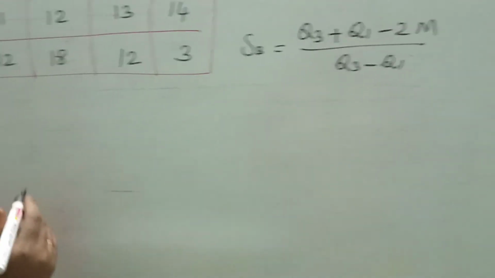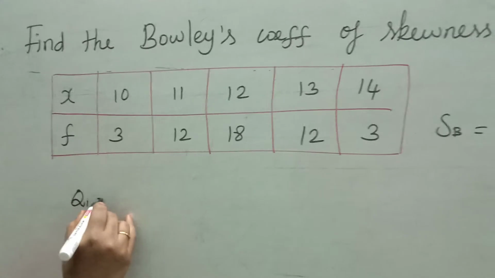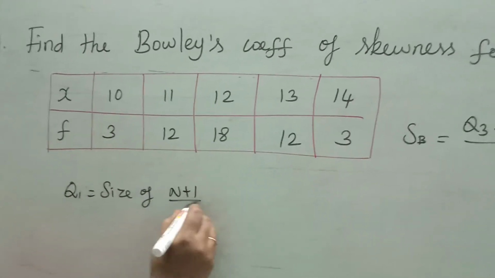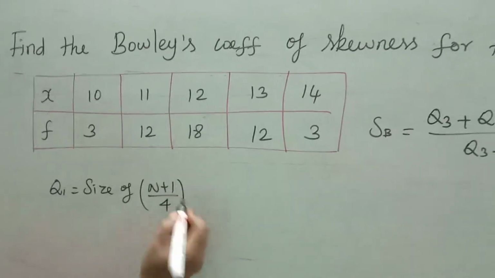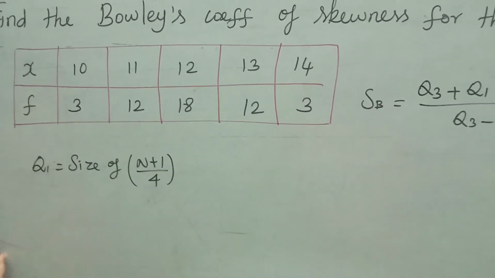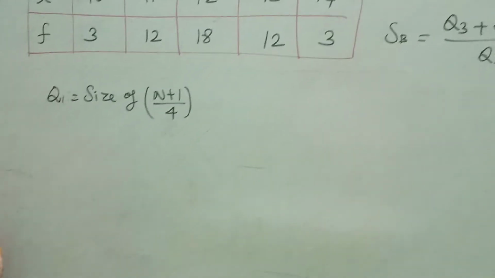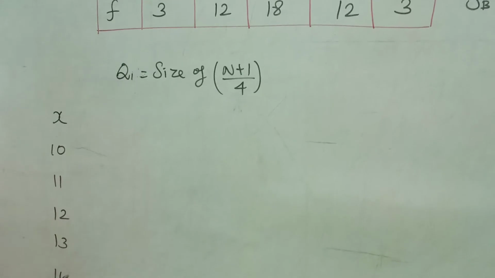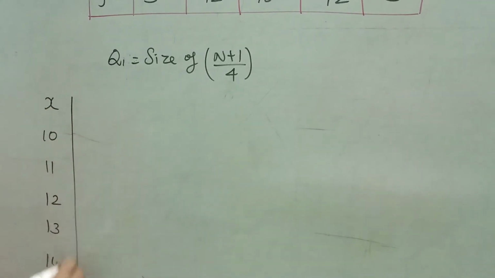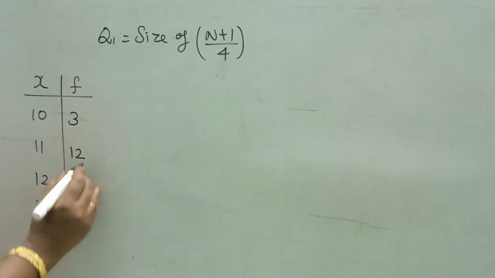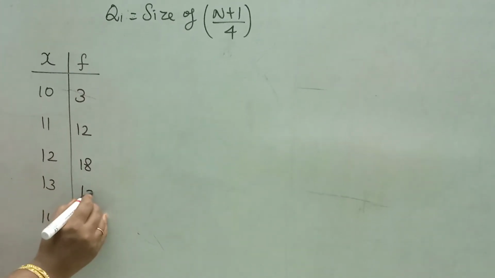Q1 formula for discrete data is size of (n plus 1) by 4. We form the tabular column. X values are 10, 11, 12, 13, 14. Next frequency values are 3, 12, 18, 12, 3.